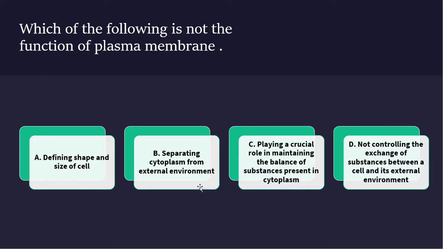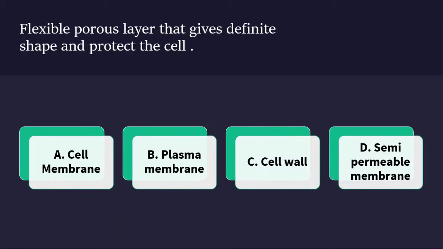Separating the cytoplasm is also right. Maintaining balance is also correct. Not controlling the exchange is not correct, because it actually controls. So the right answer is D. These types of questions will come in exams, and also in summative assessment exams you will get these types of questions.